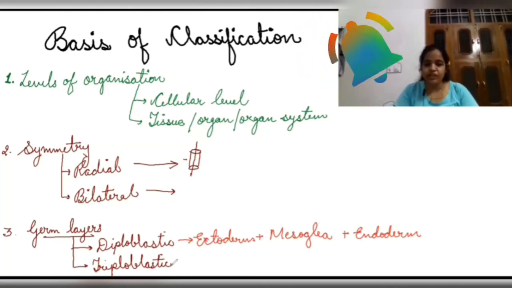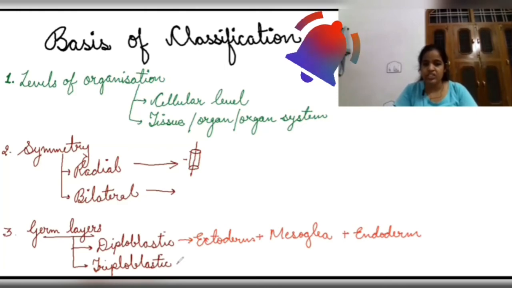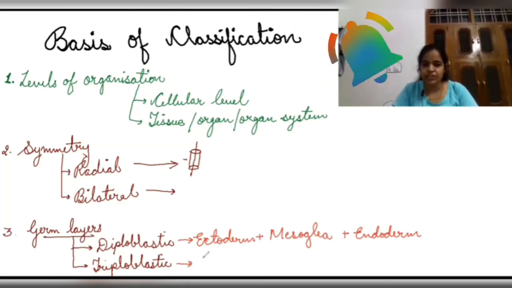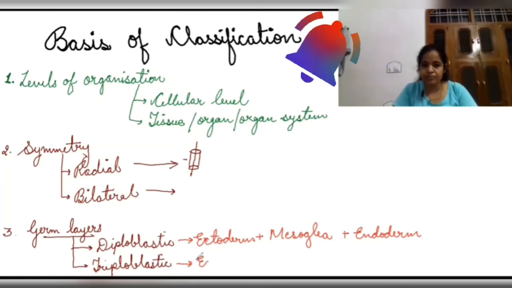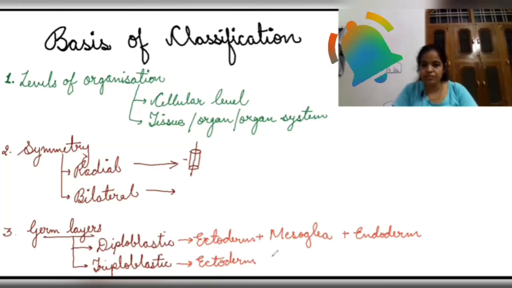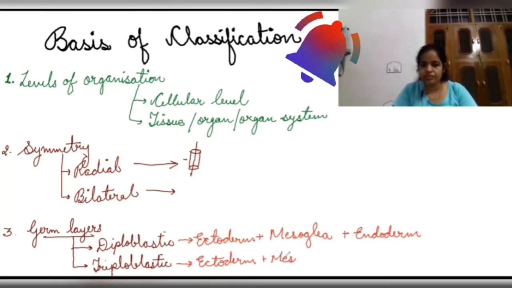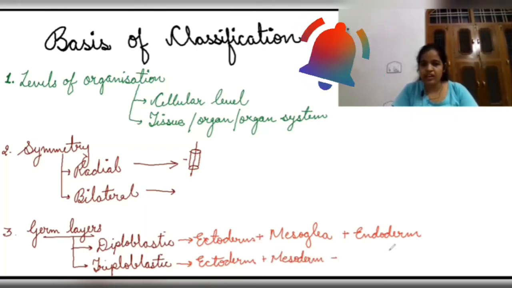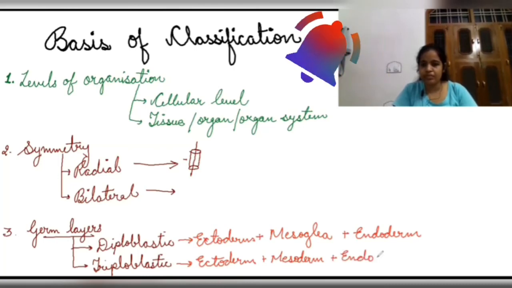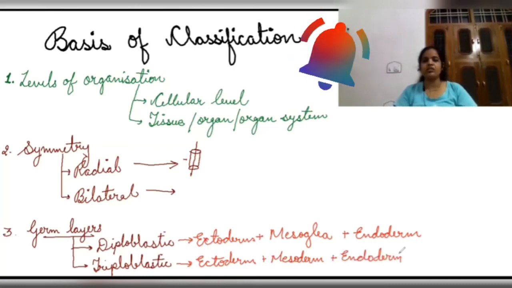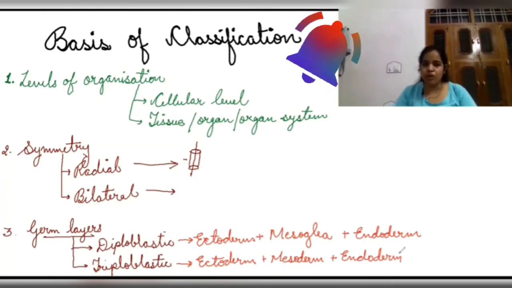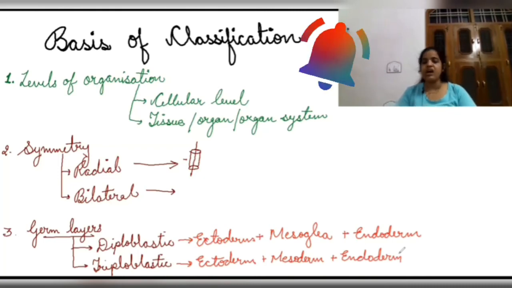Whereas in case of triploblastic, the three germinal layers are present: ectoderm, next is mesoderm, and the last one is endoderm. So guys, the lower animals are diploblastic, and the higher organisms are triploblastic.